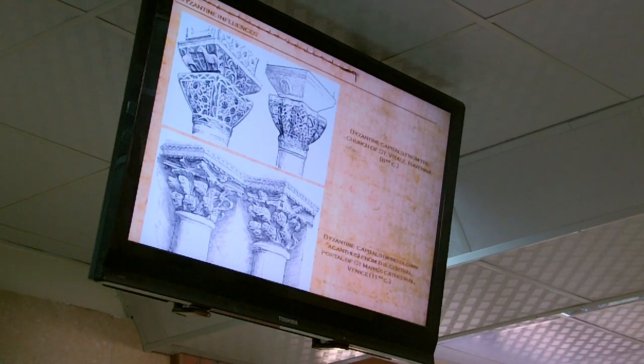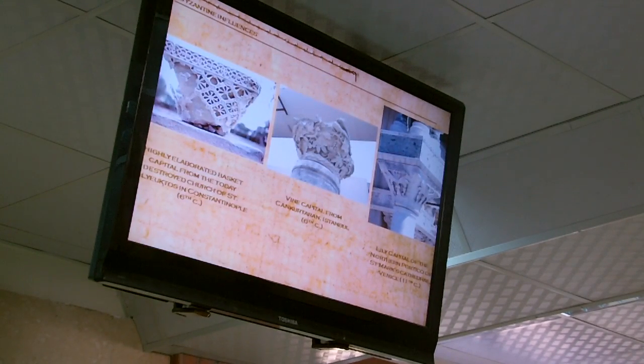One of the most remarkable designs features acanthus leaves curved as if blown by the wind, the finest example being at the 8th century church in Constantinople, and the divine capital from Istanbul, and the lady capital from Samarkand Cathedral.